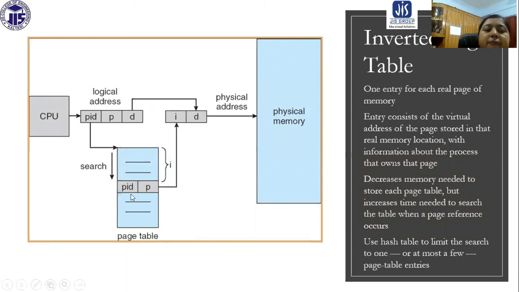In whichever row we have the match, that row number is basically the frame number, and then it is added with the offset and we have the physical address. So why is it inverted?